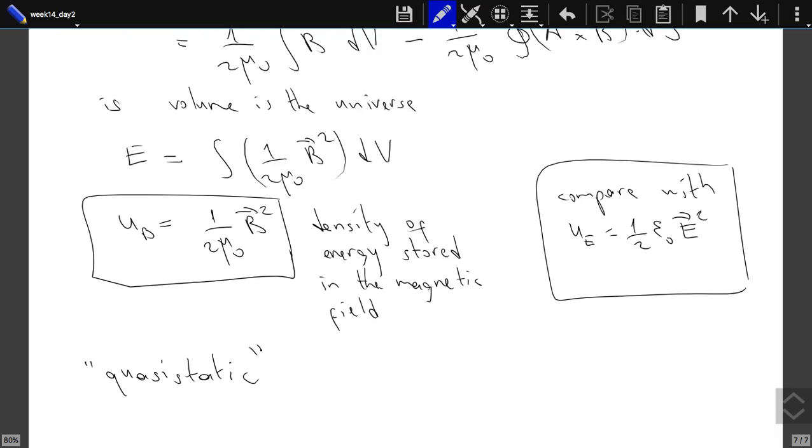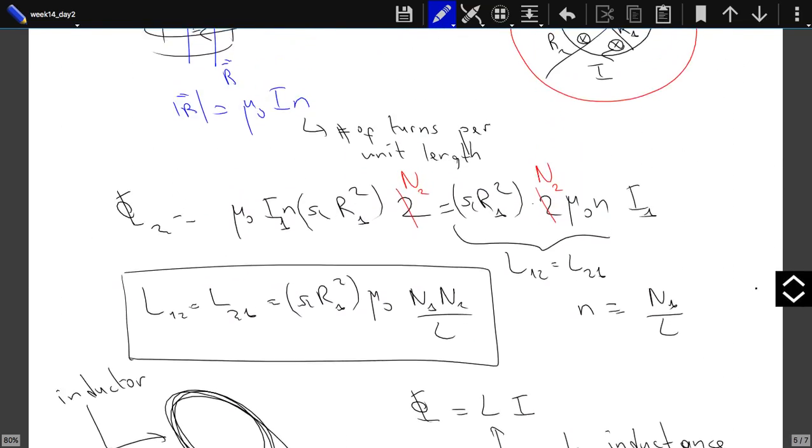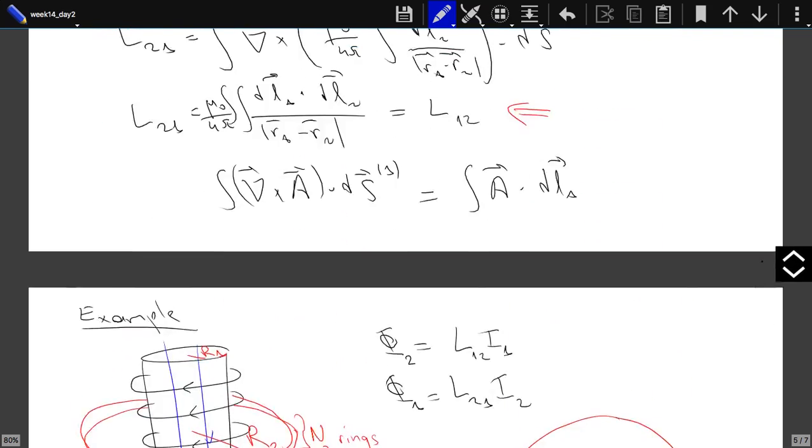Later on, we will see that the changes in the magnetic field take a finite time to propagate. So, for example, if you look at the previous definition of mutual inductance, so will be the case in the self-inductance.